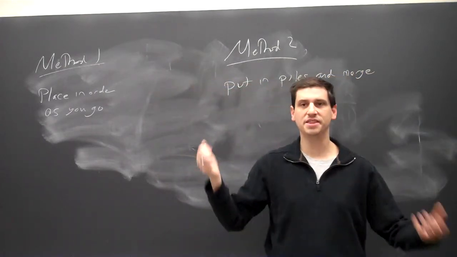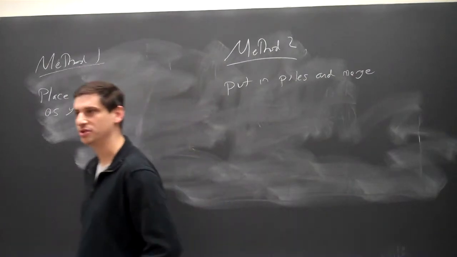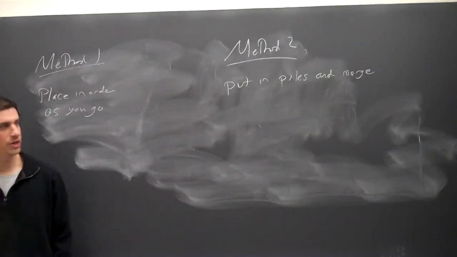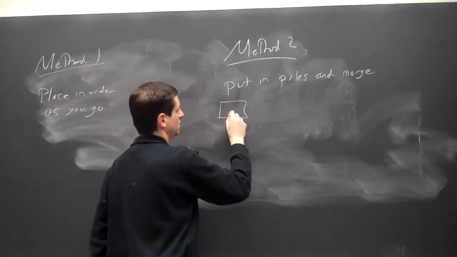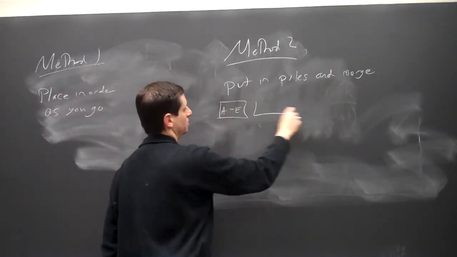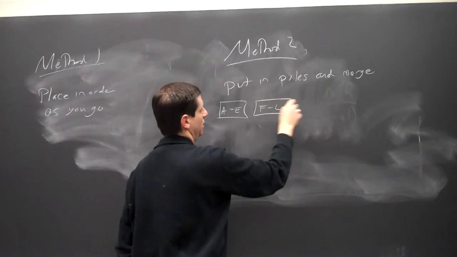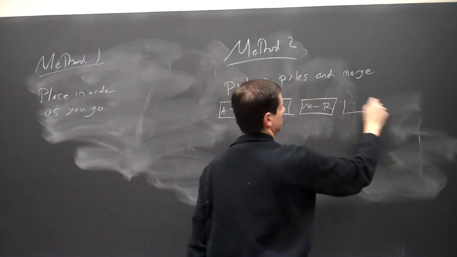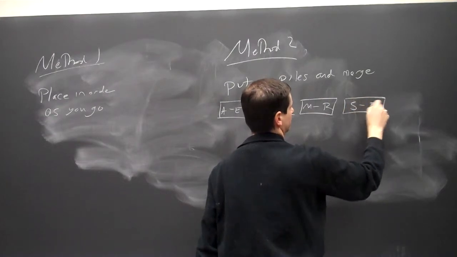So in the pile method, I then have to sort each pile, and then I merge the piles. So here, I might have A through E, F through L, M through R, S through Z.